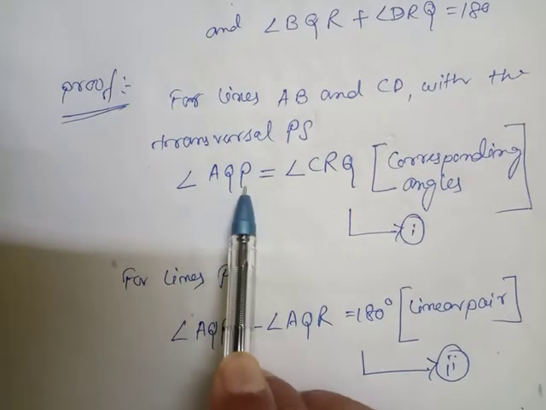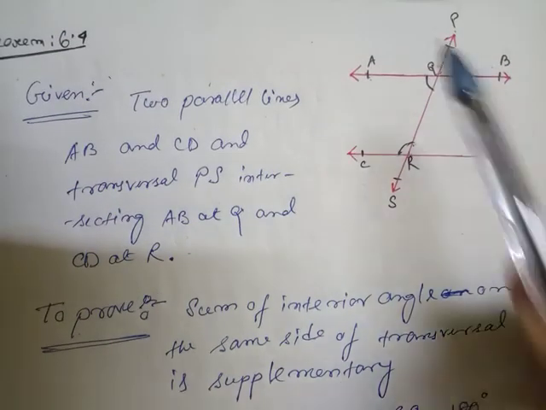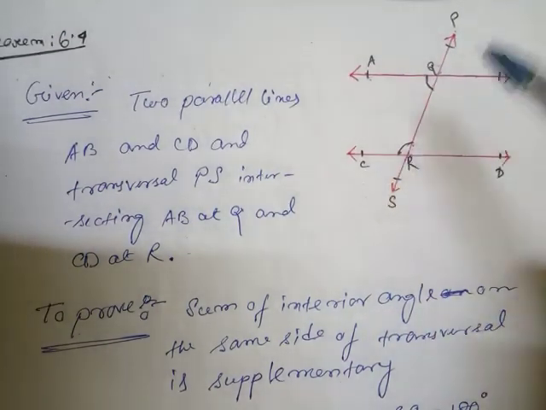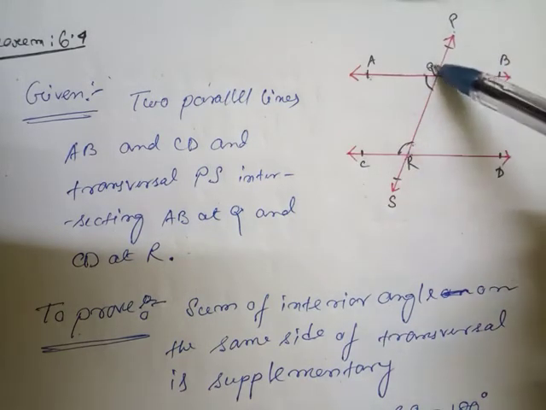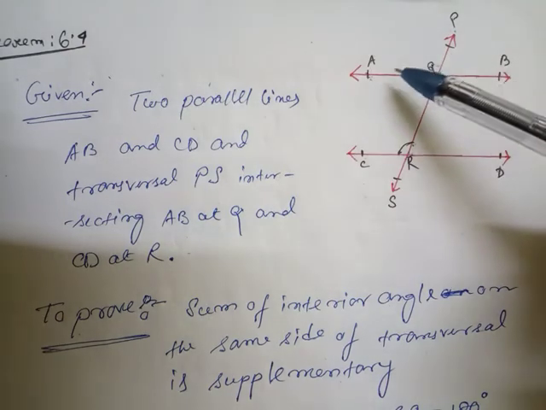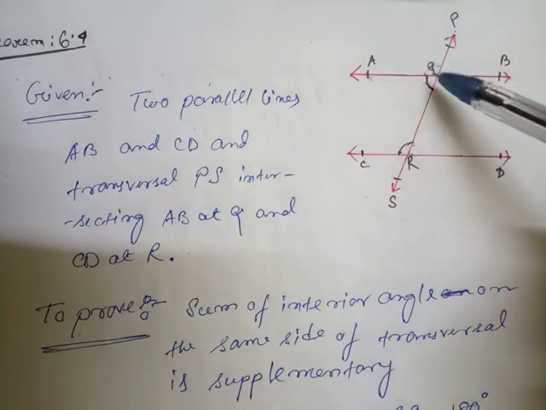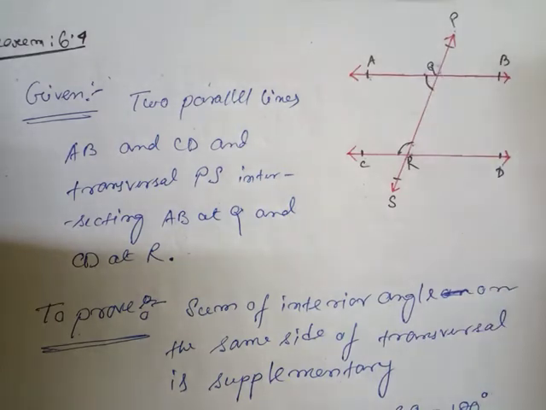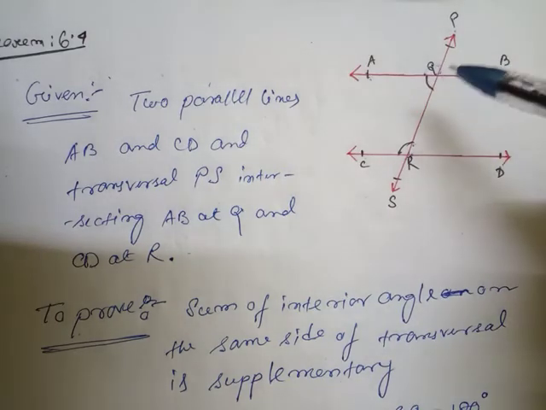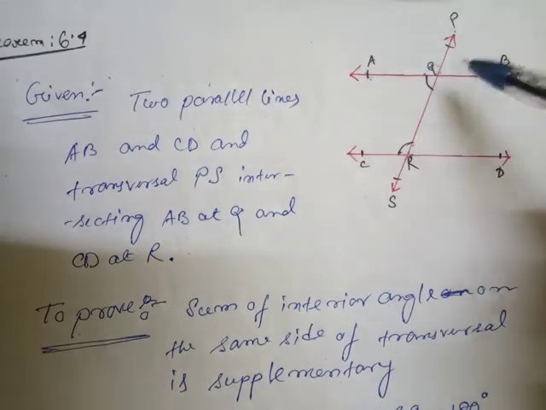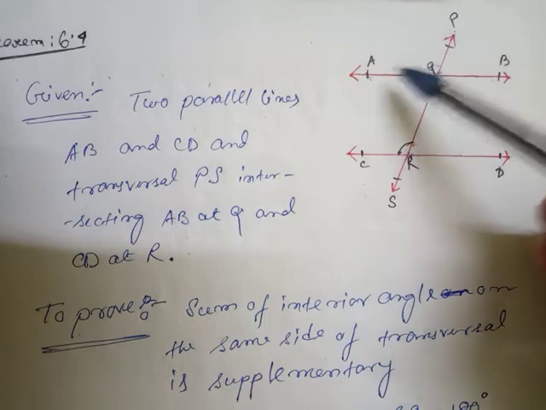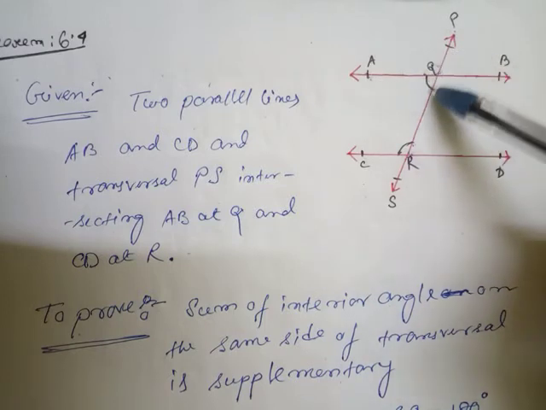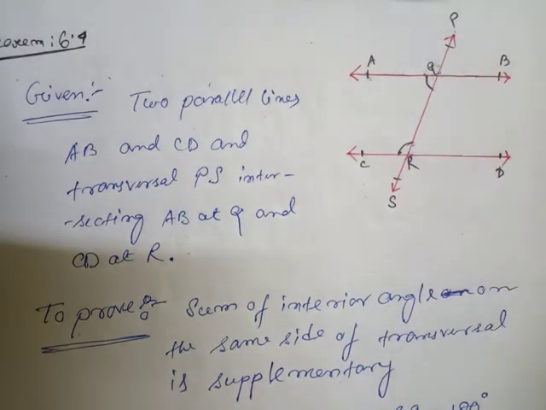AQP equals CRQ. Why? Because these two are corresponding angles. And AQP plus AQR equals 180 degrees, because these two form a linear pair.